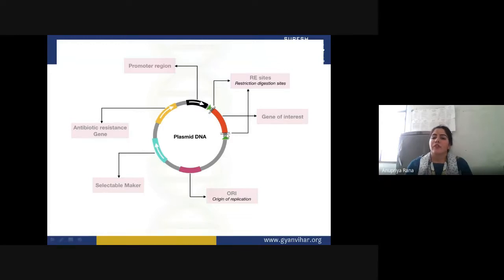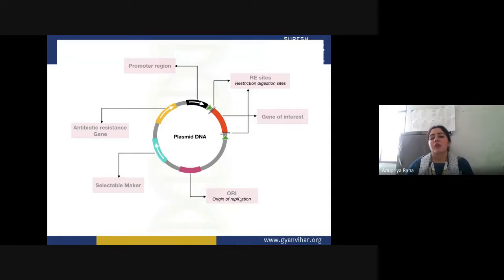Second is our gene of interest, or our inactivated gene. Third is the ORI site, which helps in the origin of replication. Then the selectable marker, so we can identify where our gene has been present inside that organism. The selectable marker helps us there.